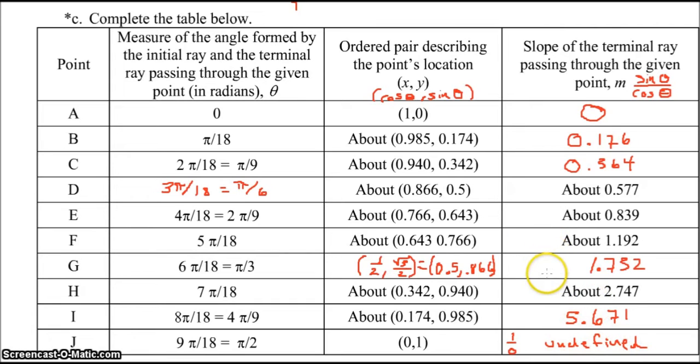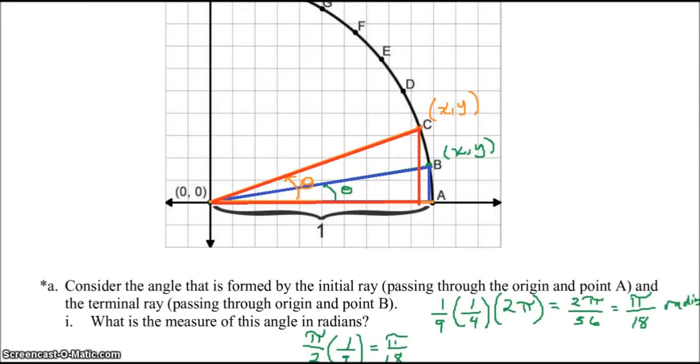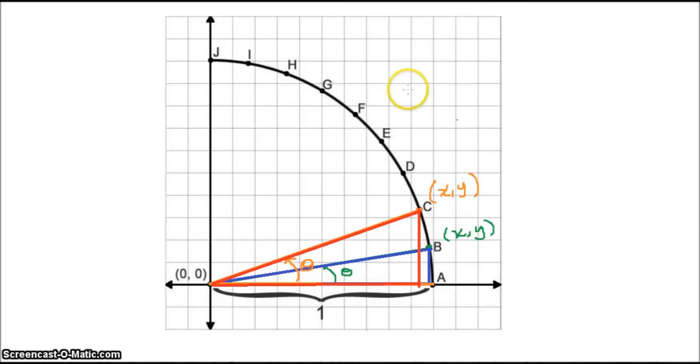An interesting question is, what happens to this ratio as theta approaches pi over 2? Well, the slope approaches infinity. And we could see that on our graph here. The closer that we get to point J, the steeper this graph gets, and it's going to become infinitely steep. So what do I mean?